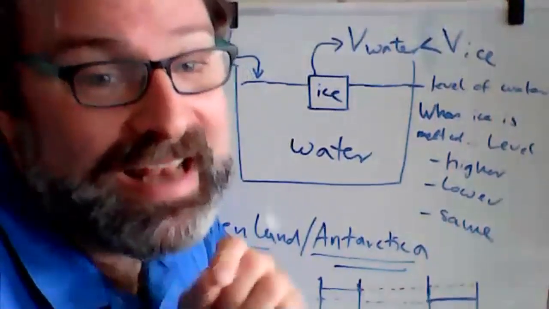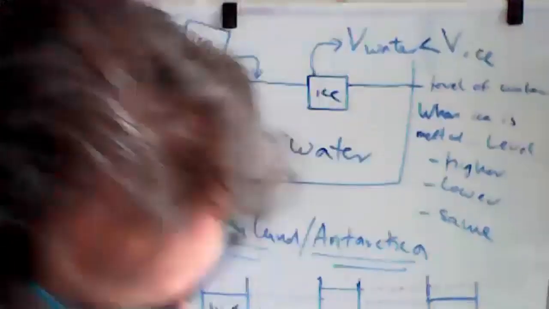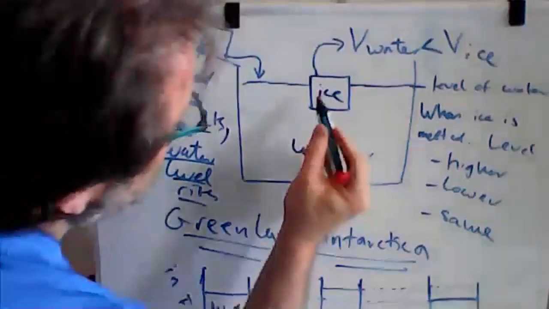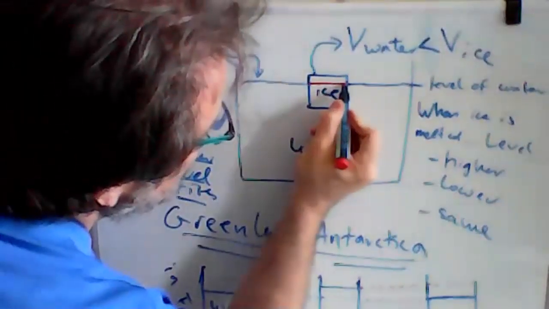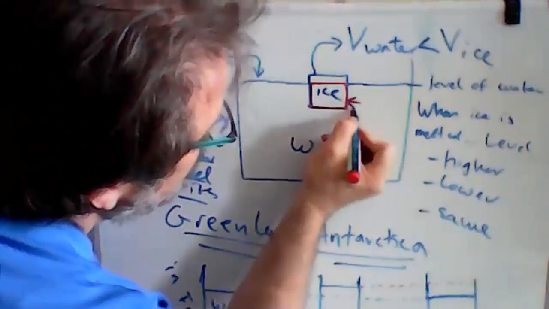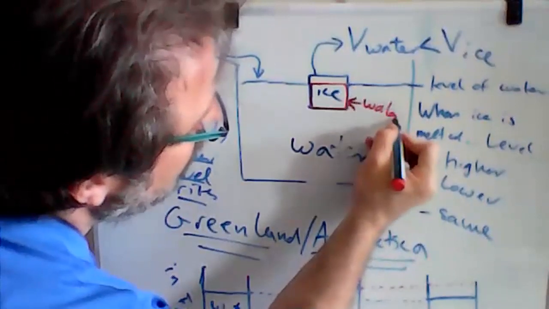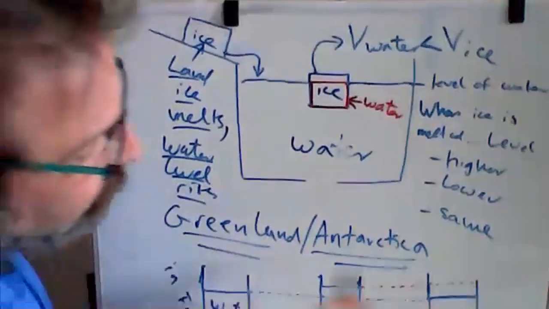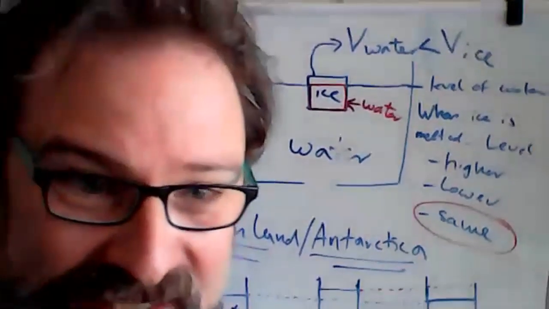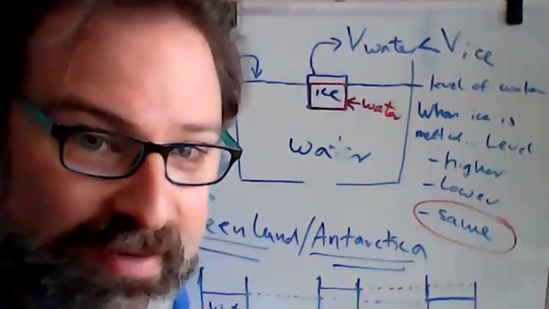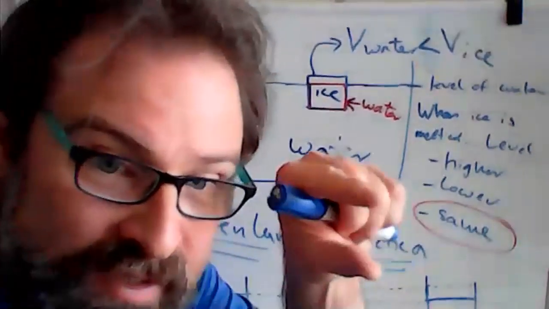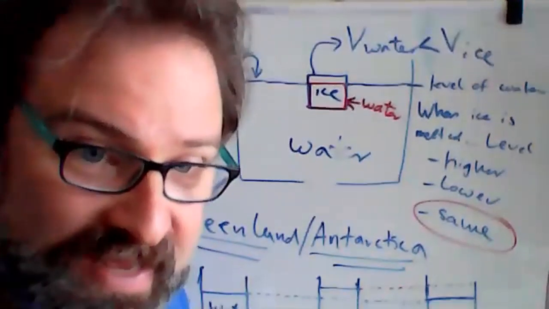It could be, and it actually is true, that when this ice turns into water, it turns into just this amount of water, and therefore the water level will stay the same, because the ice cube will turn into just the right amount of water to fill exactly that area.